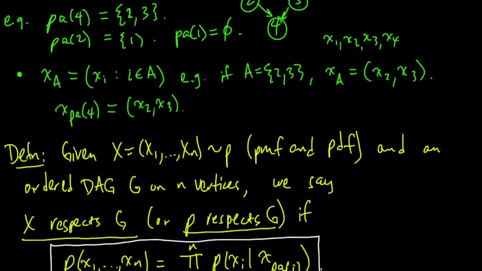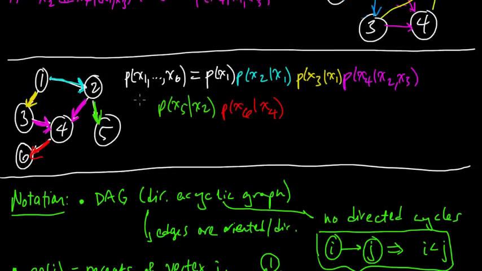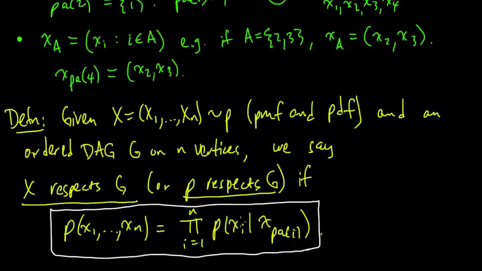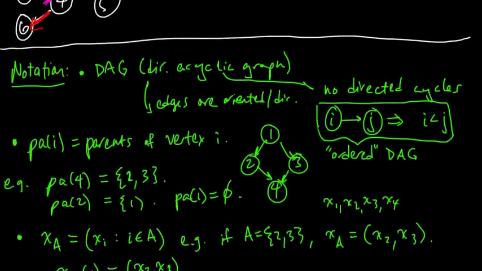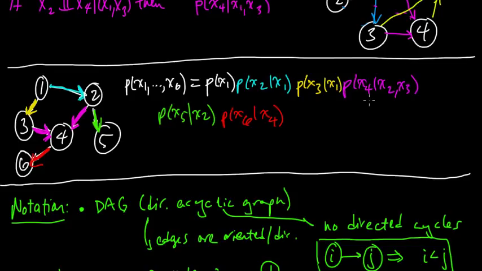So, just to draw the connection, each factor in this product corresponds to a factor we wrote down before. Like for this one, x4 given x2 and x3, in the graph here, we wrote down this factor because 2 was a parent of 4 and 3 was a parent of 4. And that's exactly what this is doing.